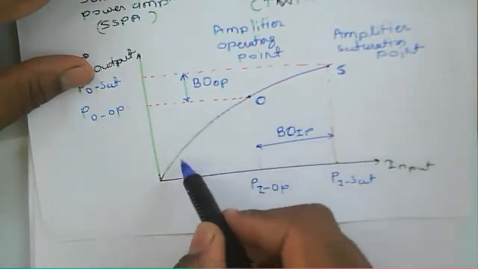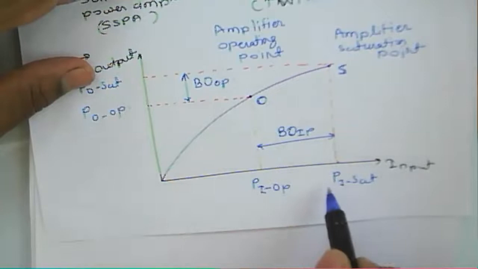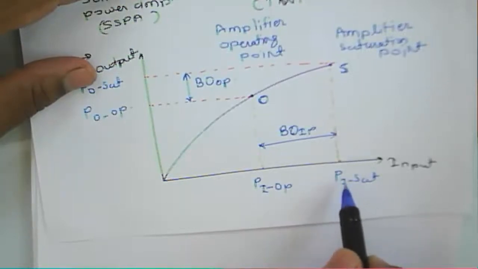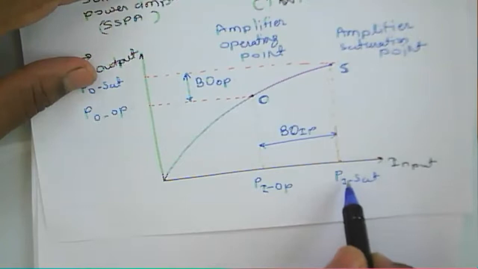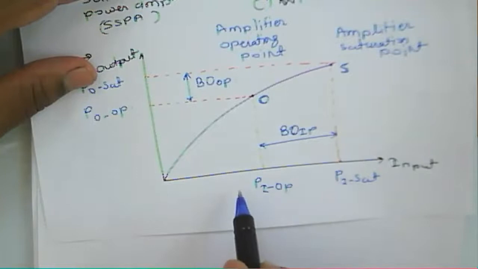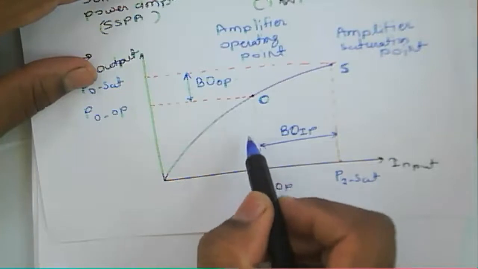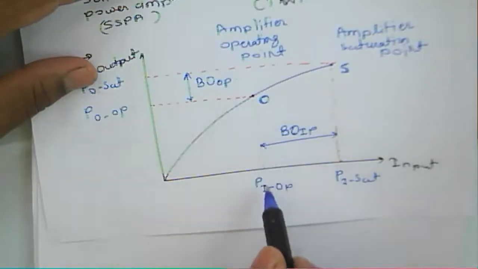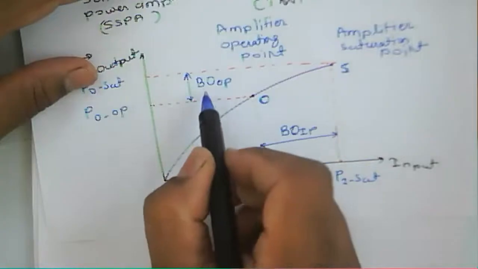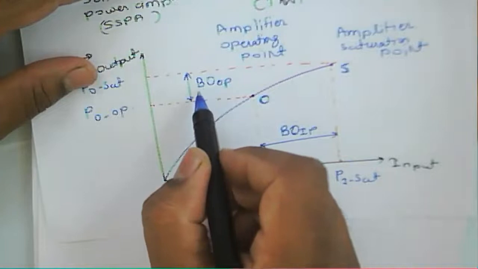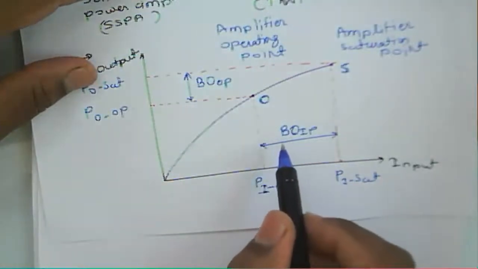Similarly, this is the input power at a saturated operation, and this is the input power at a linear operation. And this is the output back off, and this is the input back off.